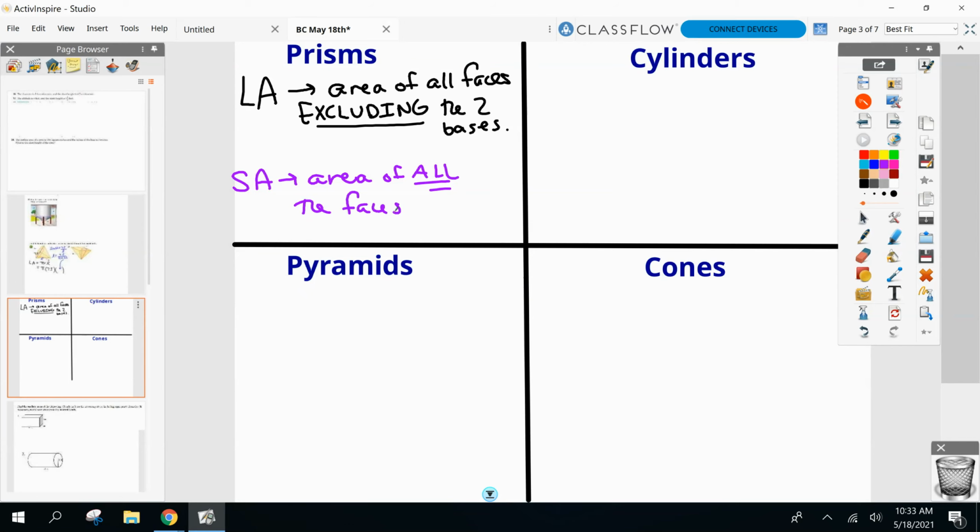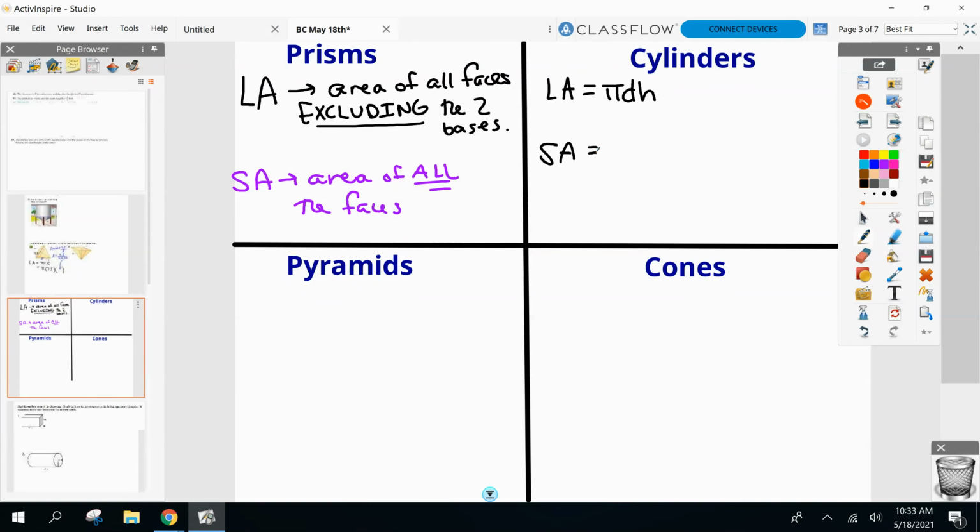Cylinders, I do have a formula for. We do have a lateral area formula, which is pi dh, circumference times height. Pi dh, circumference times the height. And then surface area, just think about it. It shouldn't be something you have to memorize. What two figures are you putting back on the cylinder for surface area?